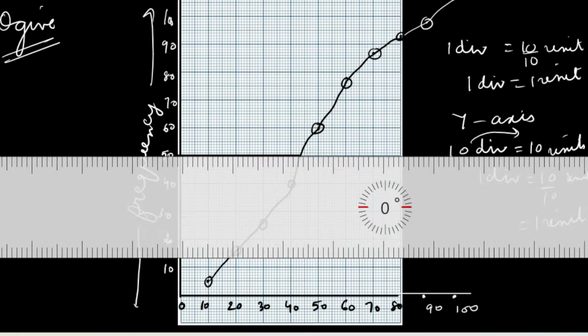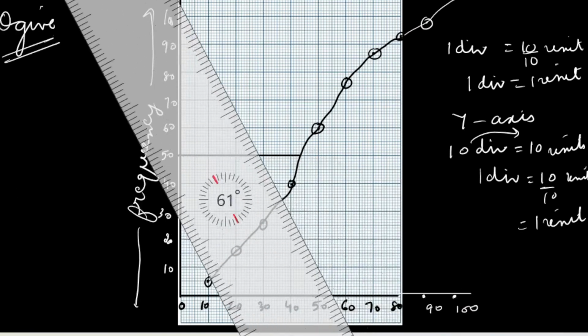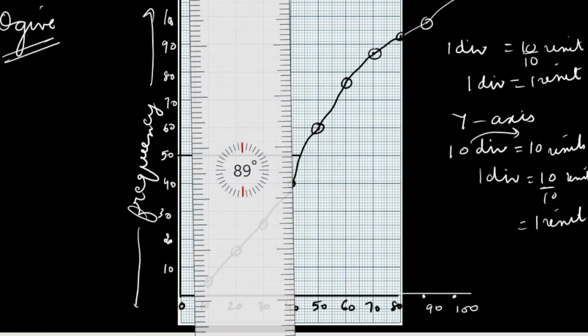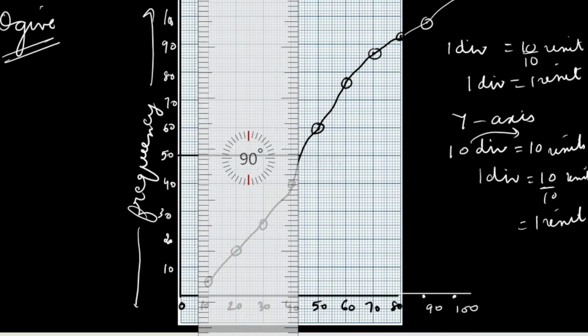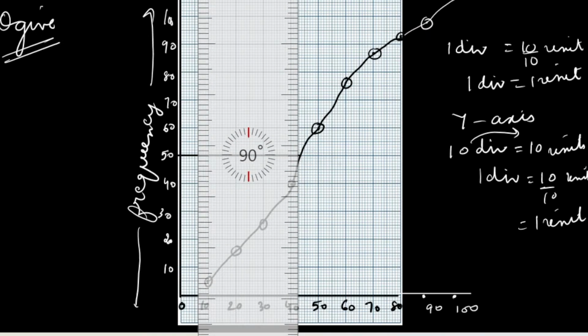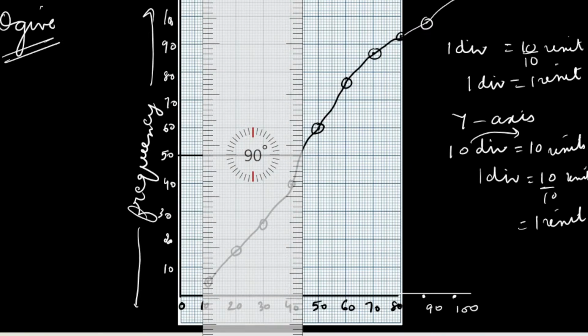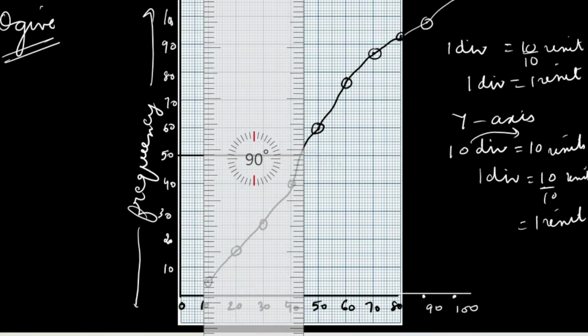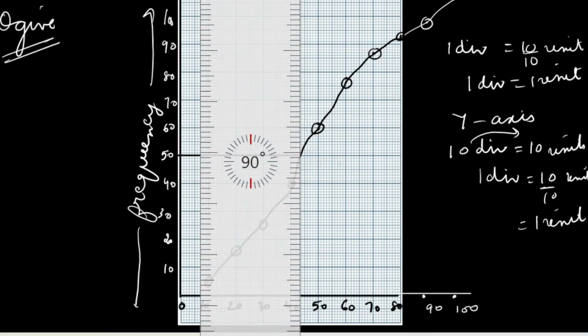Now at this point you have to draw a vertical straight line, and the line should meet the x-axis. It should be very accurate. Plus minus 2 points are acceptable here, but not more than that.